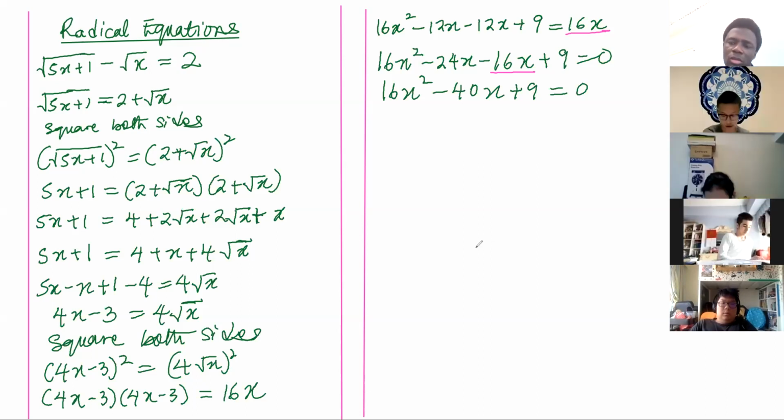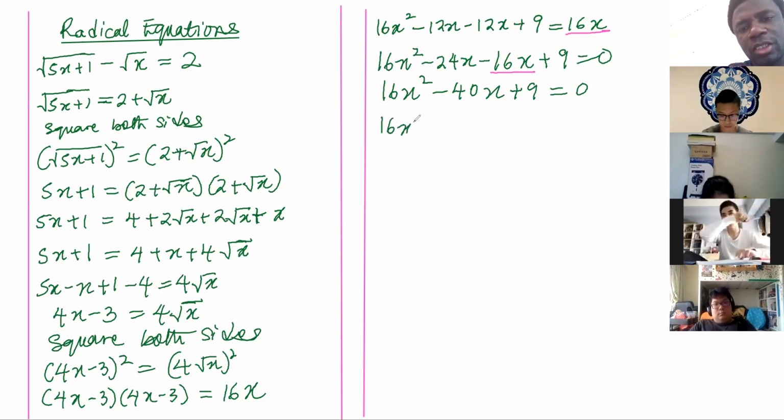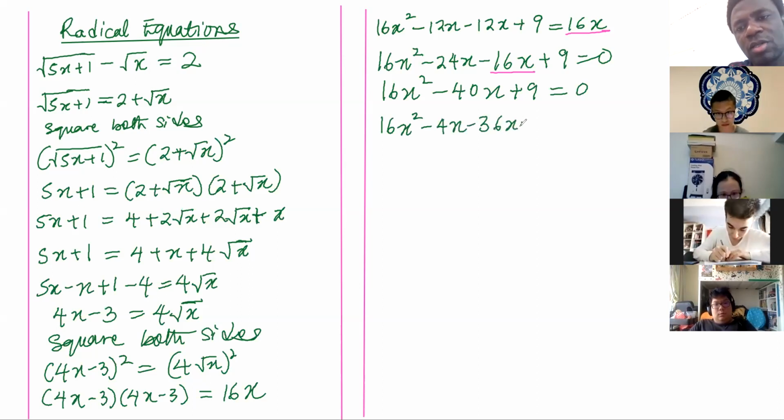Oh, 4 and 36. 4 and 36. Yes. So we have 16x squared minus 4x minus 36x plus 9 equals 0.